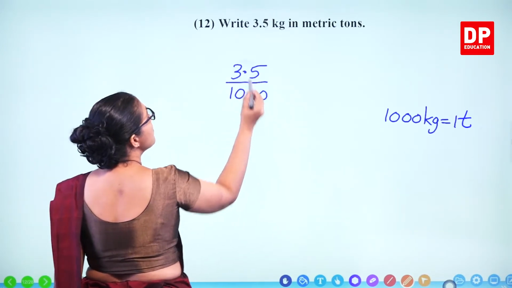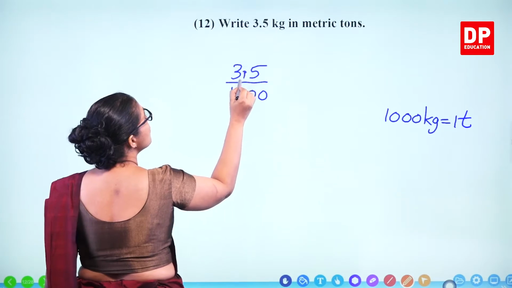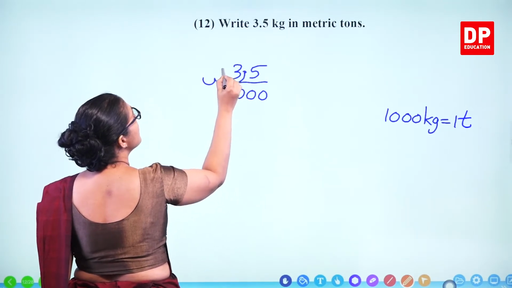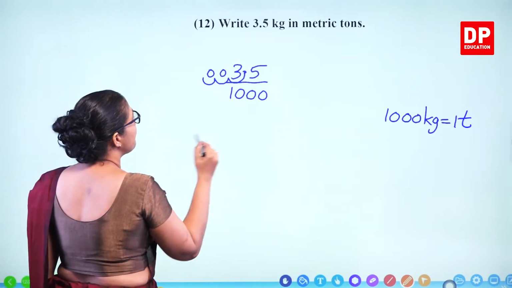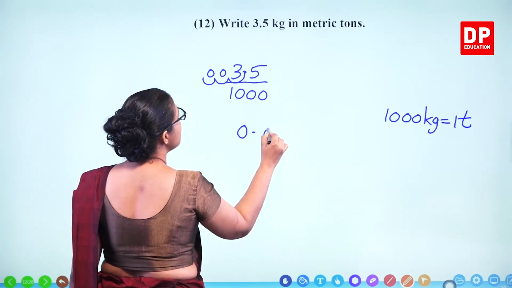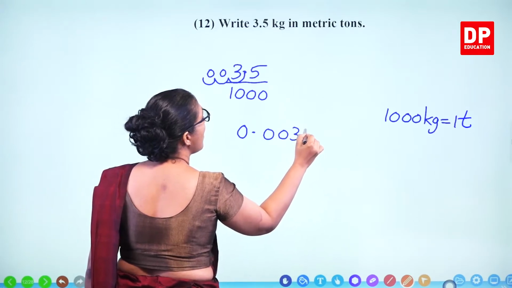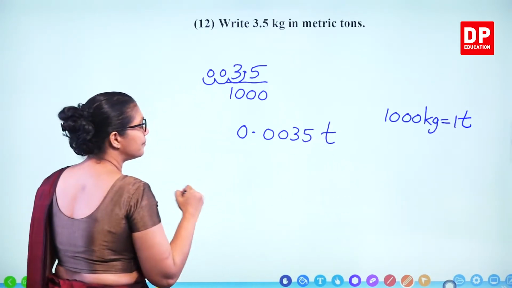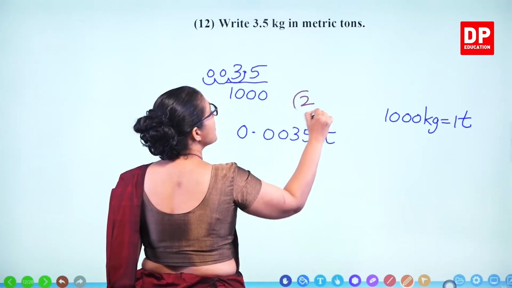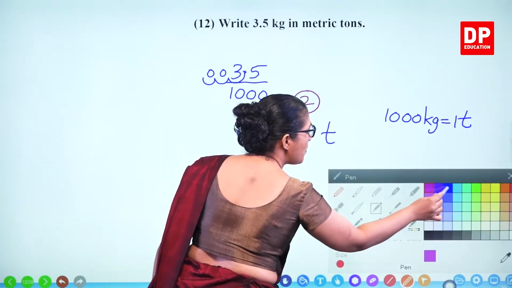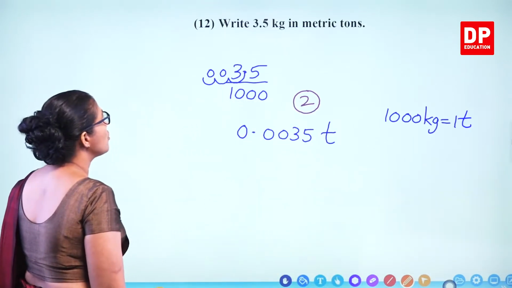So move the decimal place 3 places to the left. 1, 2, 3. So you need to put 2 zeros. So 0.0035 tons. So that's the conversion. So remember that. 2 marks for that question as well.